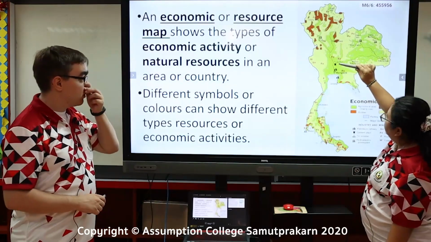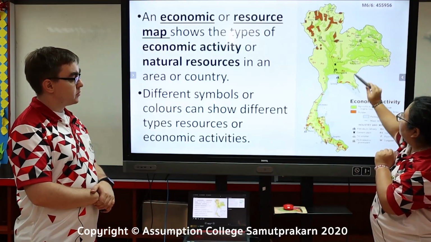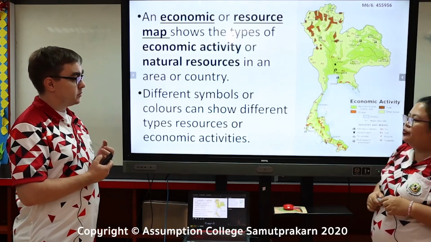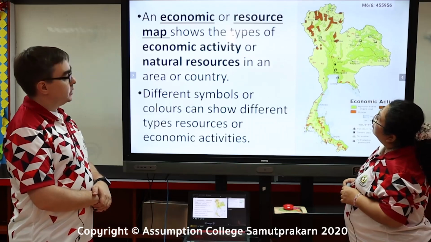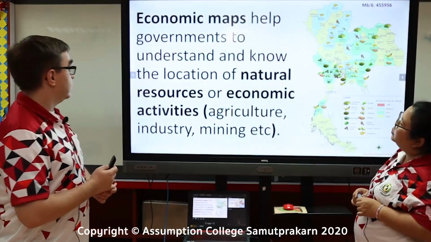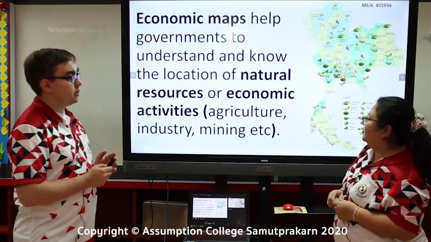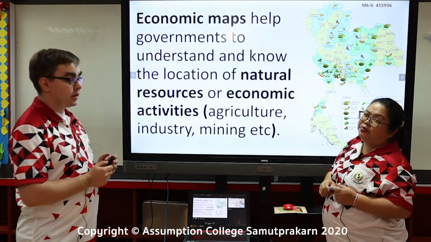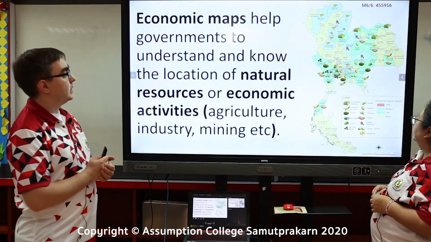You can see there is cement in Lopburi, or other cities, other places, you can see from the symbol. Now, economic maps help us to know the location of resources or economic activities like agriculture, industry, mining, and so on, factories.